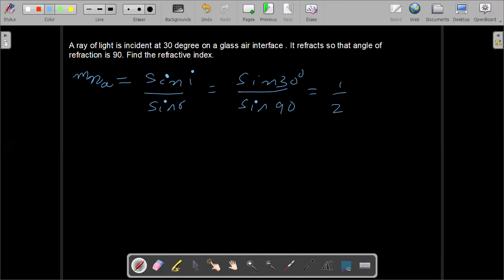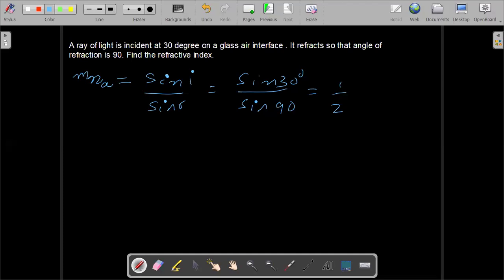Yes, when the angle of incidence is 0, then it is not valid. Sorry, angle of incidence is 0 degrees, that is for normal incidence. If a ray of light is incident normally, then Snell's law is not applicable.